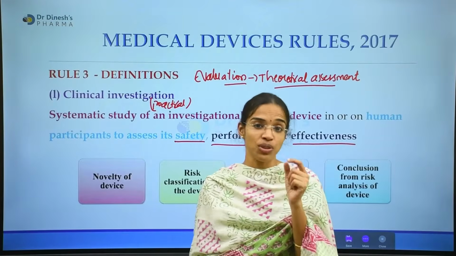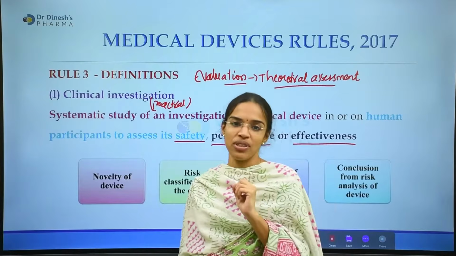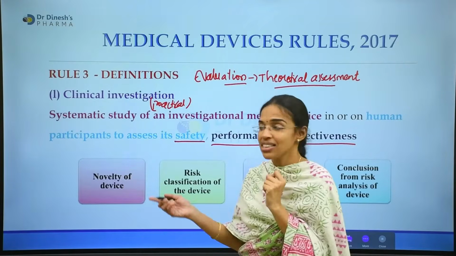Remember this point, the difference between an evaluation and an investigation. Clinical investigation is rule 3L.